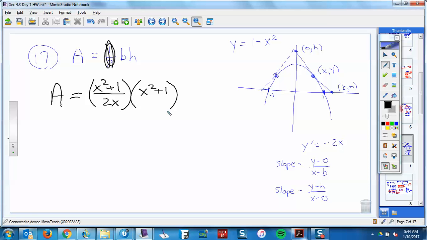And I think I got that right. So again, if you look in the answer book, they eventually come down to that. They eventually get to that same point. And I could make this into x squared plus 1 squared over 2x.